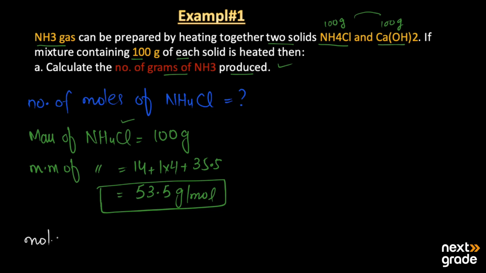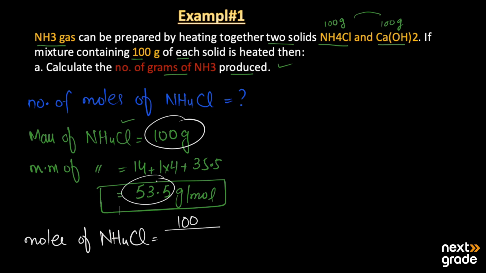Moles of ammonium chloride equal mass, 100 grams, divided by molar mass, 53.5. So its moles are almost 1.87 moles.